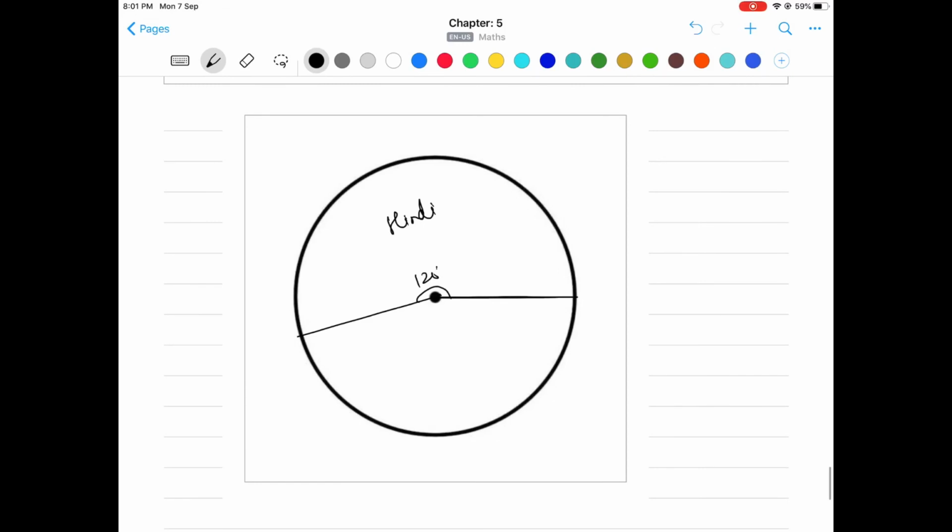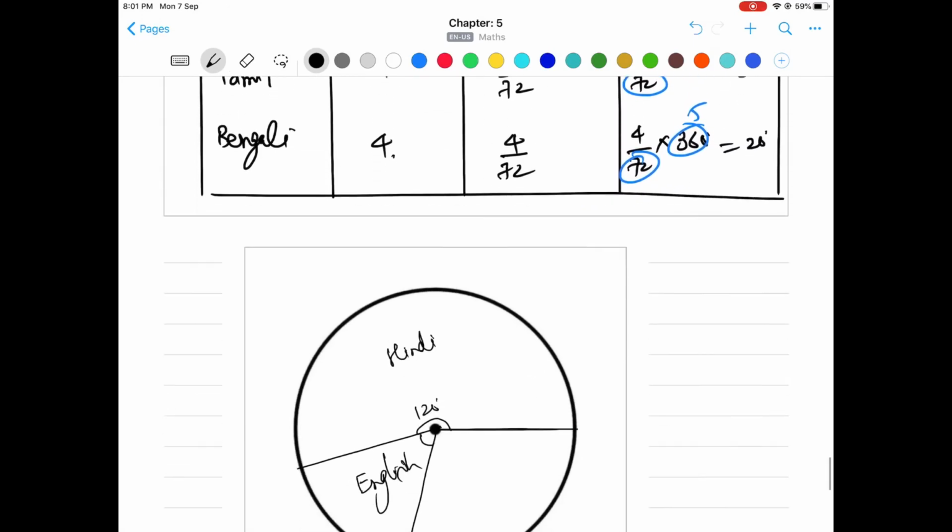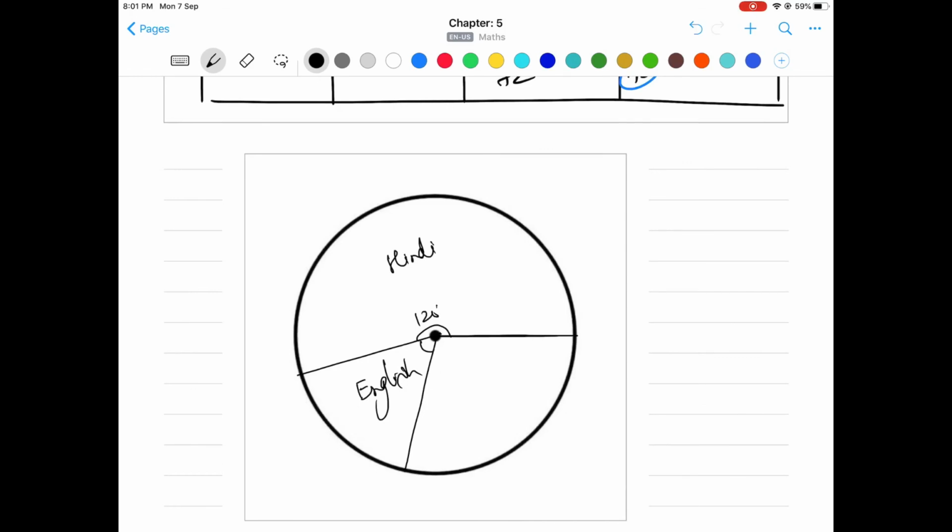Next one is 60 degrees. That angle will be here. This one is for English. Next we have 45 for Marathi. That will be here.